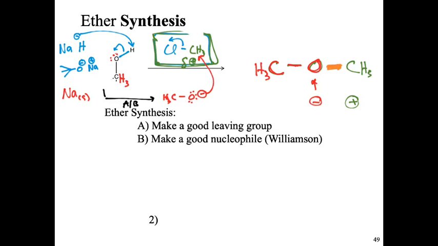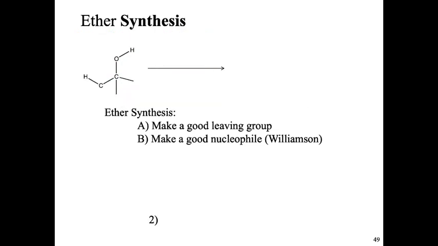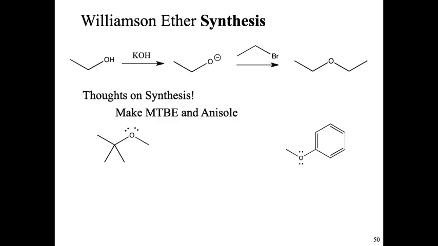We could do that by turning the alcohol into a good leaving group, by, say, adding an acid. The problem with that is you're only going to get symmetric ethers. If we want an asymmetric ether, we have to go through the Williamson. So we do a strong base, make that strong nucleophile, react it, and we get our ether.